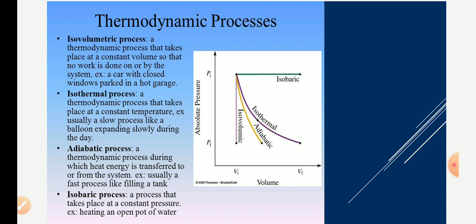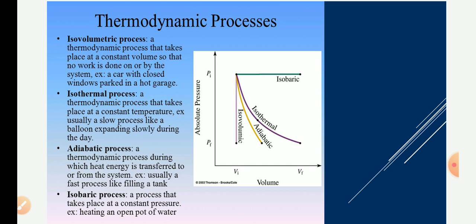The first one is the isovolumetric or isochoric process. Isochoric means the volume should remain constant, or uniform, throughout the process. That process we call an isochoric or isovolumetric process.